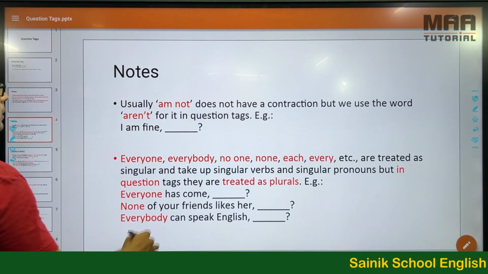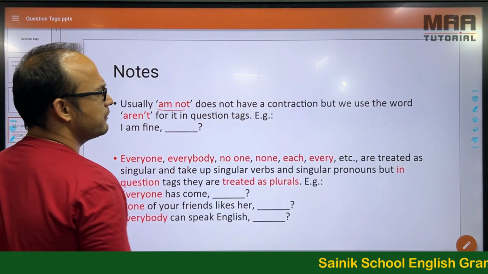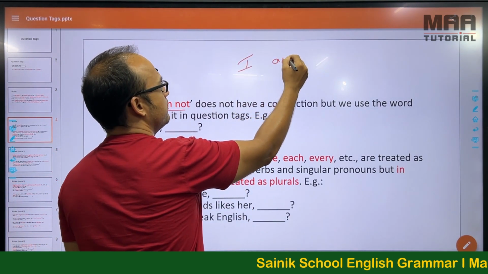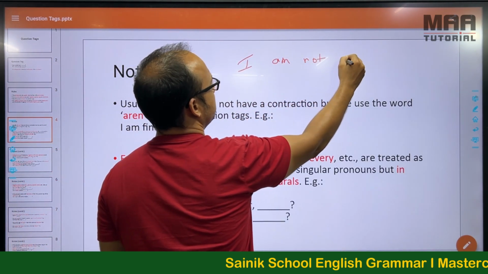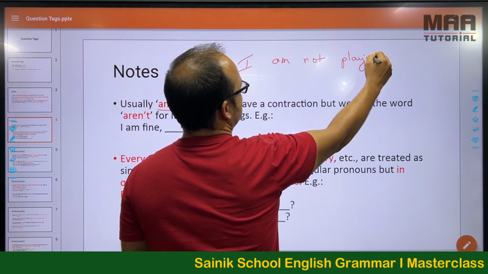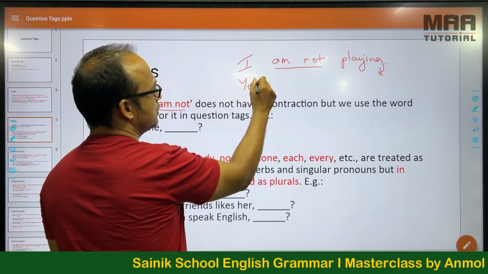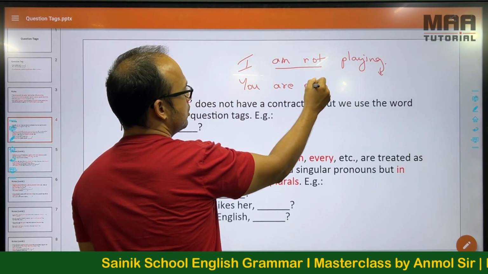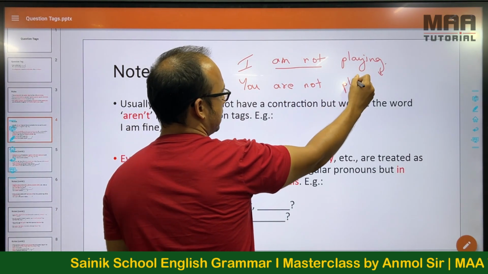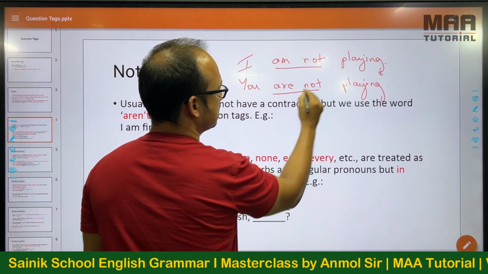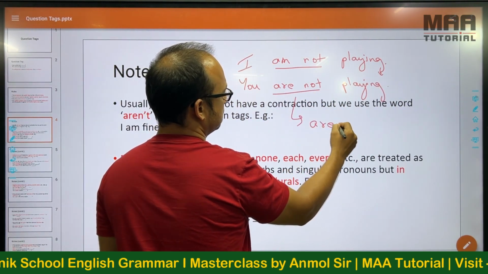Next note. Now usually am not does not have a contraction. You will say I am not playing. You cannot have a contraction of am not. If you say you are not playing, this you are not can become aren't.